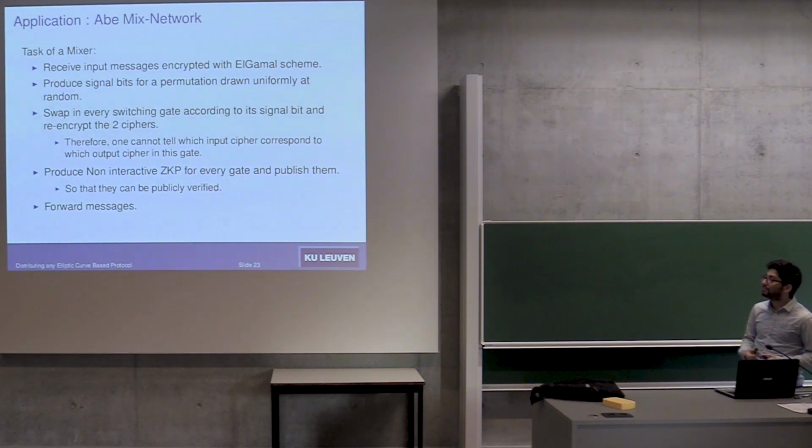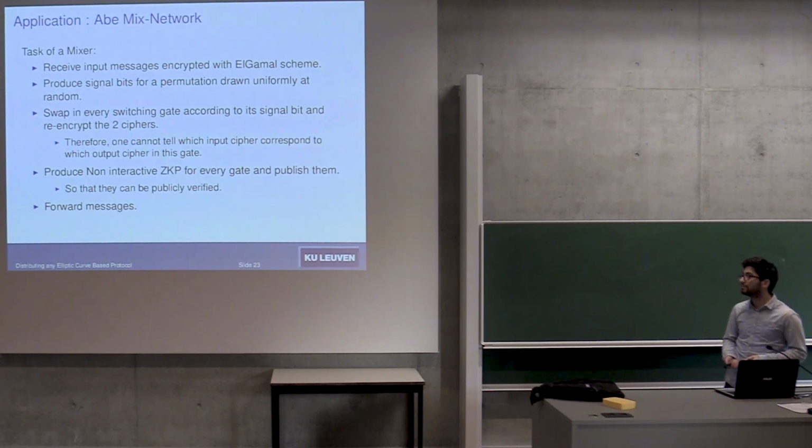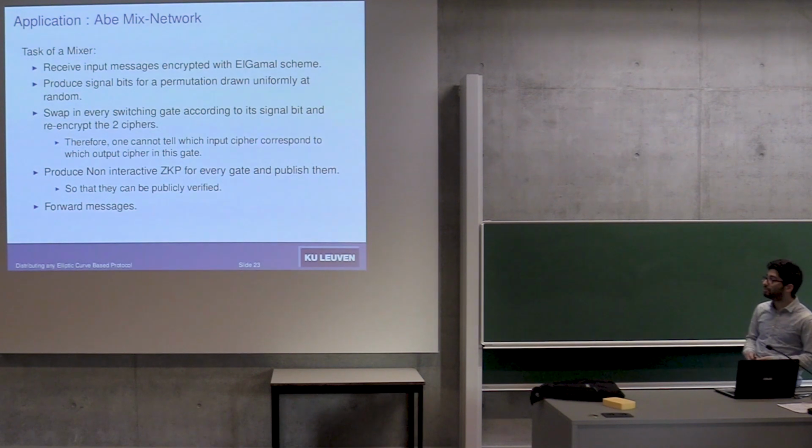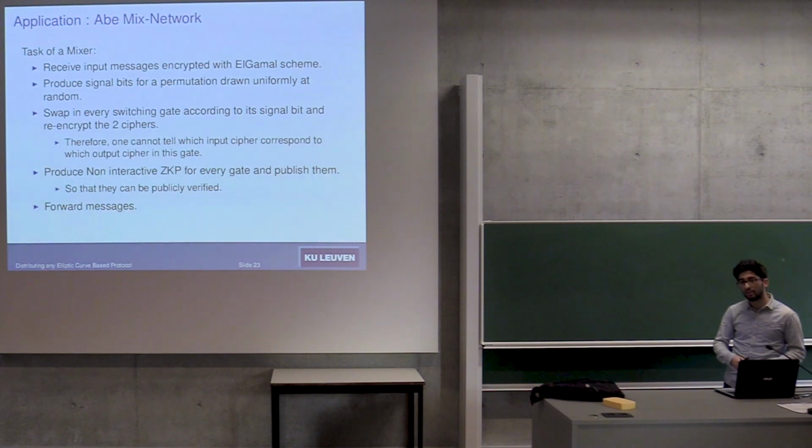And then in each switching gate, the mixer either swaps or not with respect to the signal bit, and also re-encrypts those ciphertexts because we need them to look different. And to make this publicly verifiable, the mixer needs to produce non-interactive zero-knowledge proofs, so that anyone can check that indeed input messages correspond to output messages from the mixer. And finally, the mixer forwards messages, either to the next mixer or to the destination.